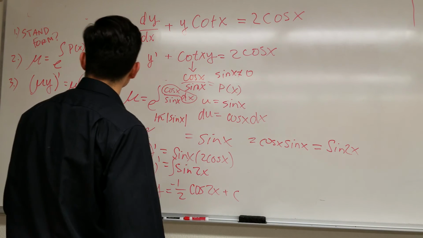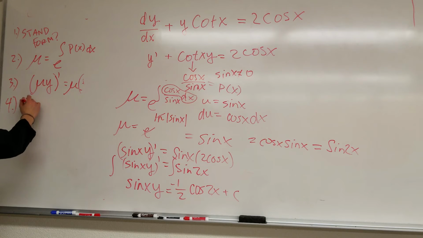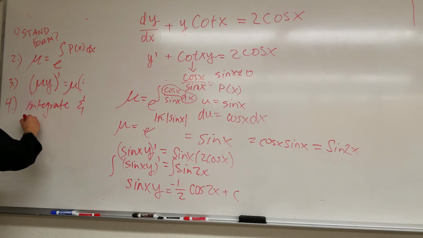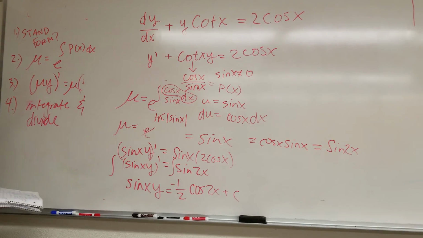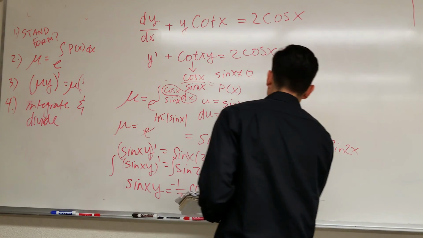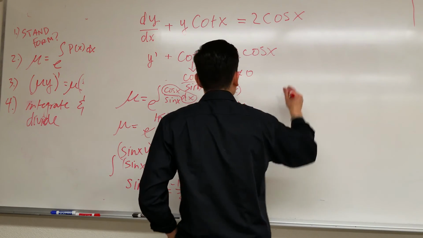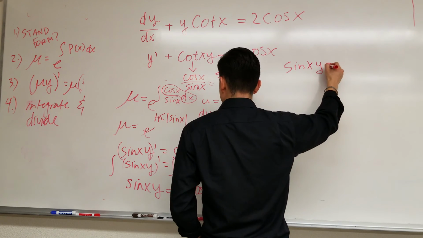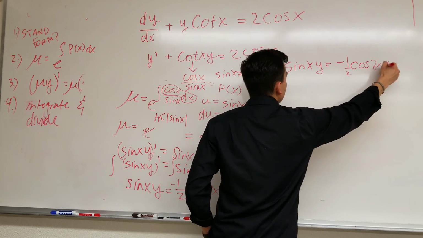Okay, so our fourth step was to integrate and divide. Integrate and divide. So now that we have that, we have sine of x y equal to negative 1/2 cosine 2x plus c.